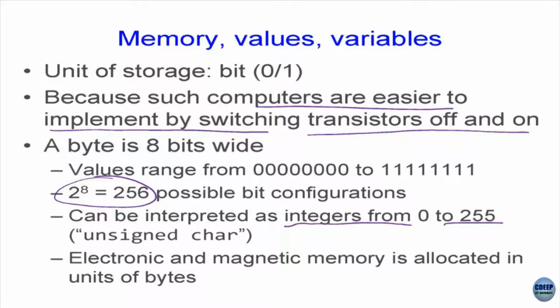And we already pointed out that with a byte you can store 256 possible values. They can all be interpreted as integers from 0 to 255 when you ignore the sign. So that's where we talked of unsigned char, that is what it means. A byte is an unsigned char.